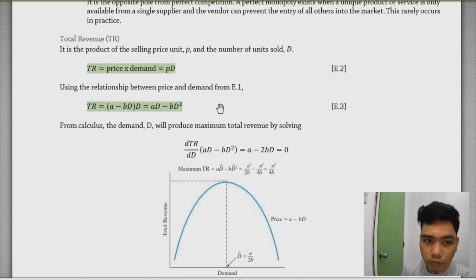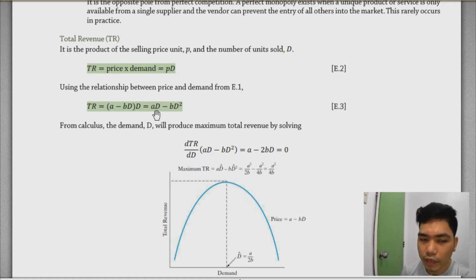Now, the relationship of your price and the demand can be given by this expression, AD minus BD squared. If you want to maximize your total revenue, you take this expression of total revenue and differentiate it with respect to the demand.